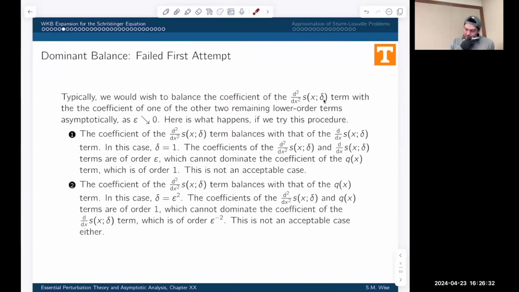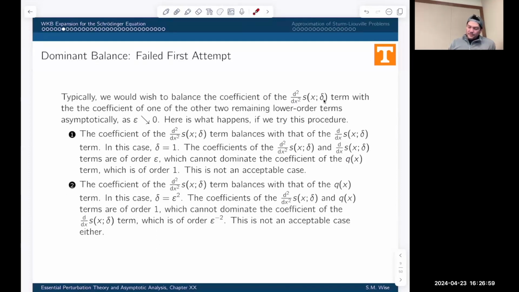If we do the balance by the standard means, we want to keep or balance the coefficient in front of the second derivative term with one of the two other lower order derivative terms. If we try this, we fail, because we cannot ever obtain a dominant balance if we use this approach.